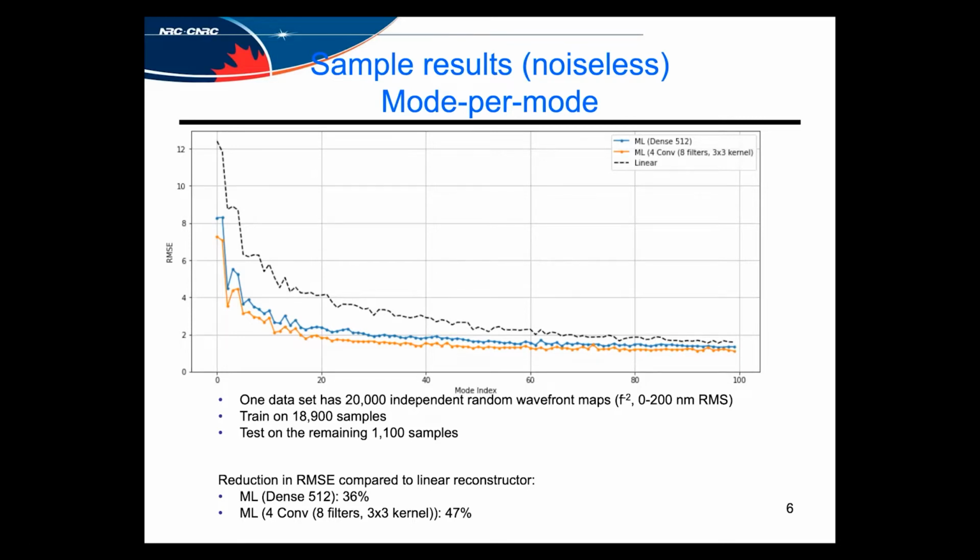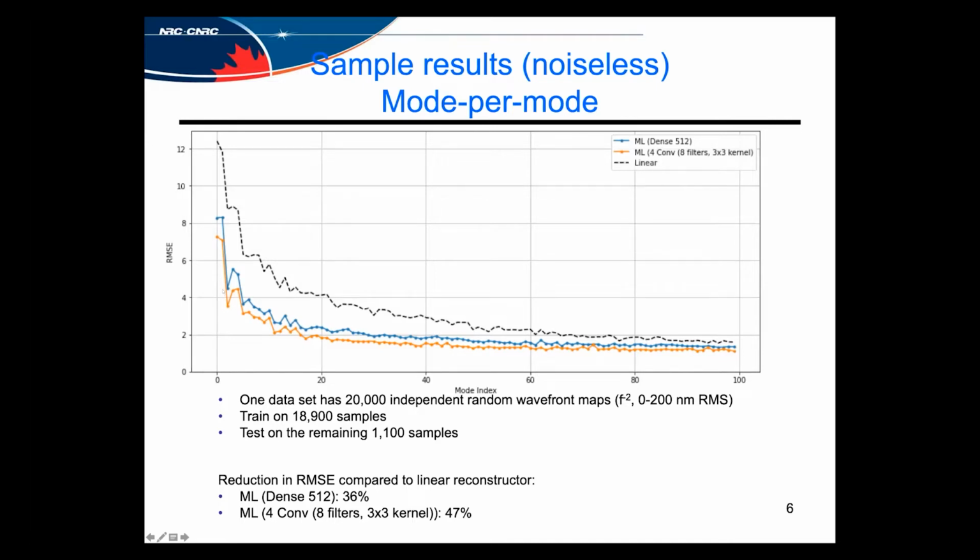And here in this graph, we examine the RMS wavefront error as a function of the mode number. We compare, in dashed lines, the linear reconstructor with two instances of the machine learning reconstructor. And we see that yes, the machine learning reconstructor does better, producing less residual RMS wavefront error.